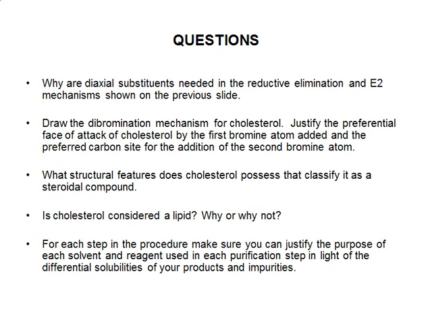And then where does the second bromine atom add? Which carbon gets the second bromine atom? Again, this is review, but seeing this in the context of cholesterol is really helpful, and it's a really great way for you to review some basic concepts and apply them in a real world experiment.